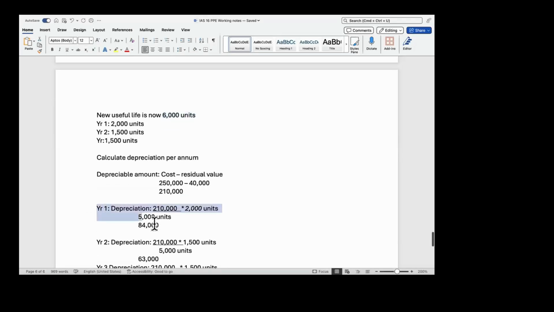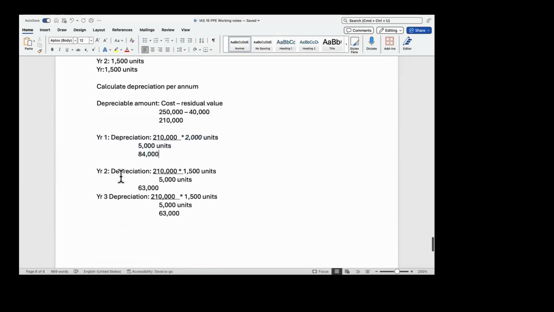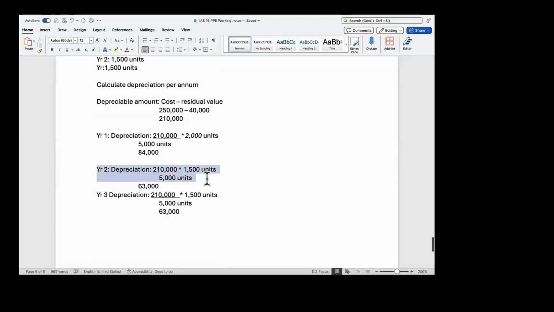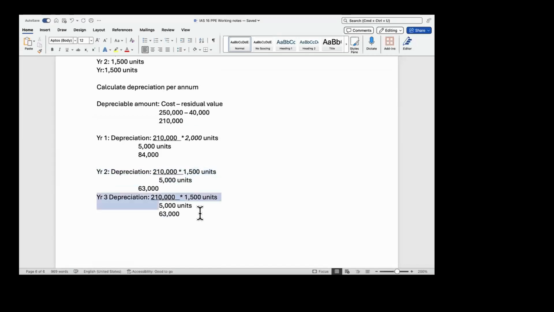Year one is gone. You have done your depreciation for year one. But for year two and year three, your calculation will change.